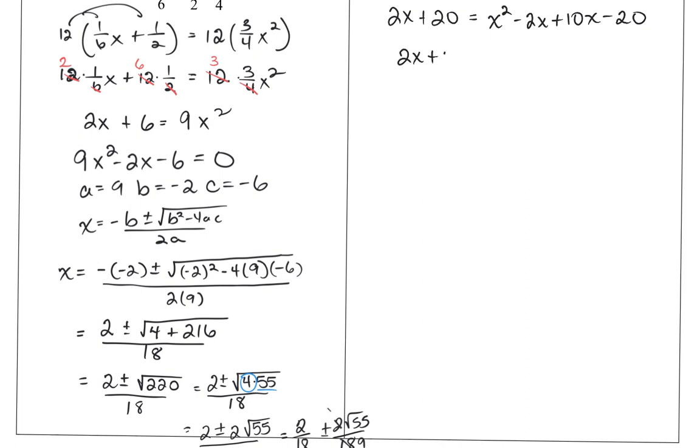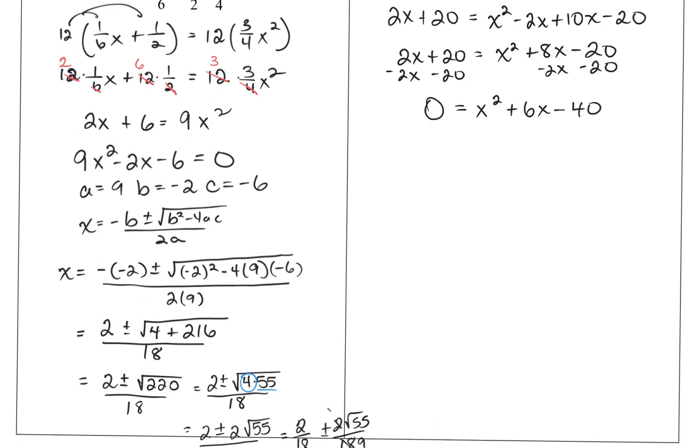So 2x plus 20 equals x squared plus 8x minus 20. We need to get it set equal to 0, so we need to subtract 2x and 20, right? So we'll have 0 equals x squared plus 6x minus 40, all right?